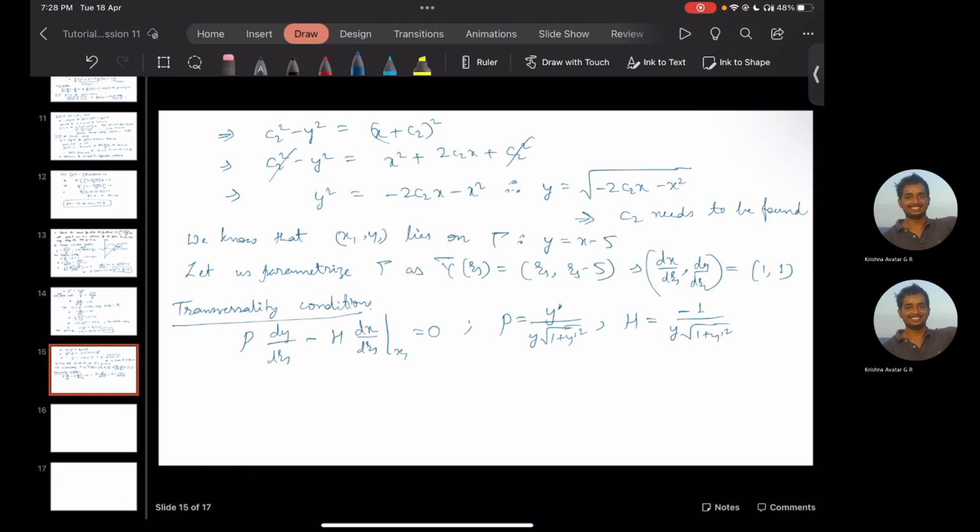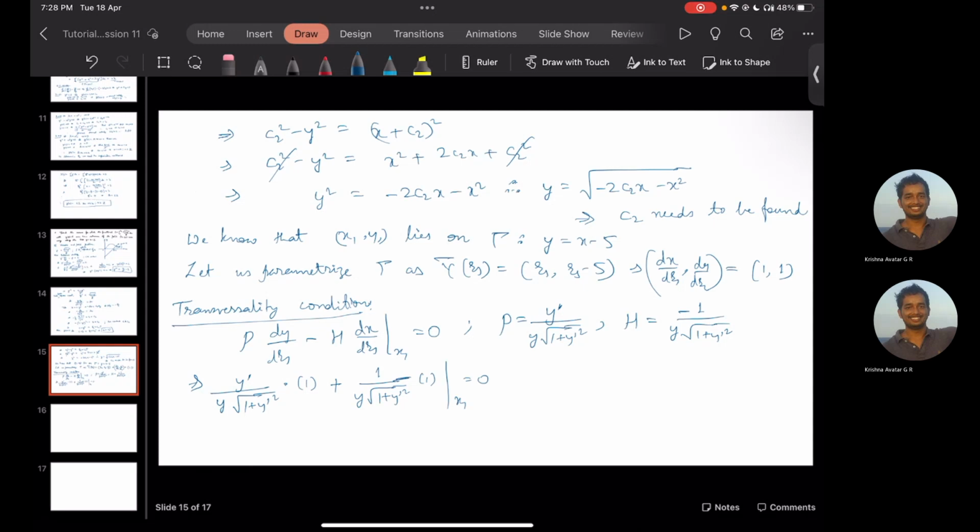Is it not? So then this implies that y prime over y root of 1 plus y prime squared into 1 minus minus, plus y1 by y into root of 1 plus y prime squared, all at x is equal to x1.